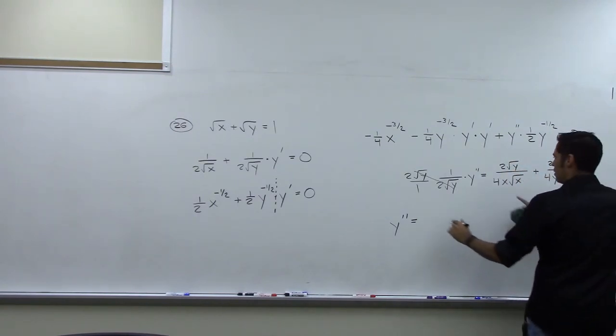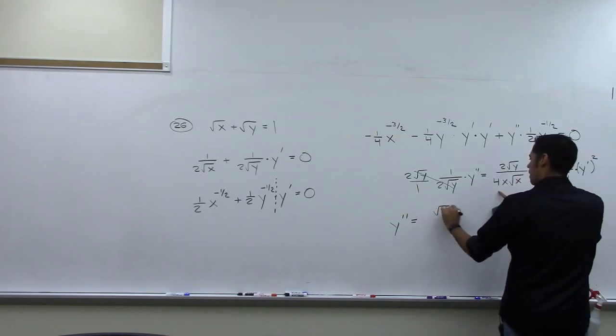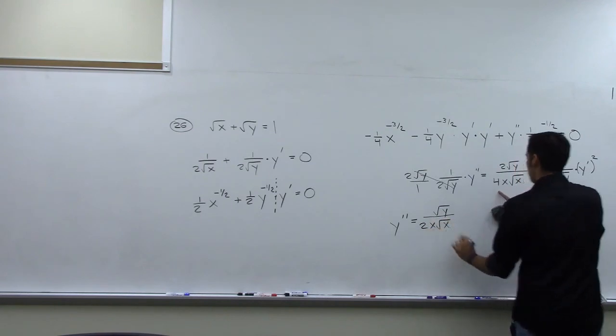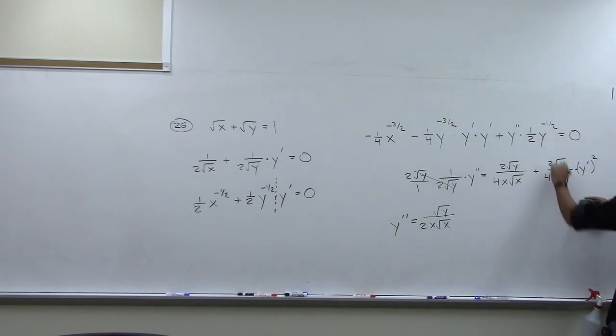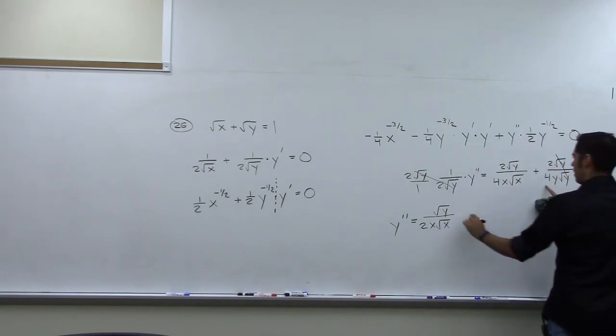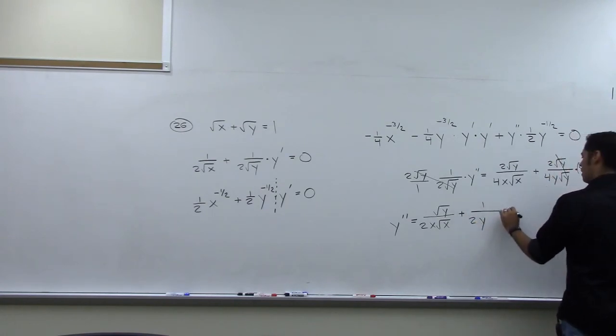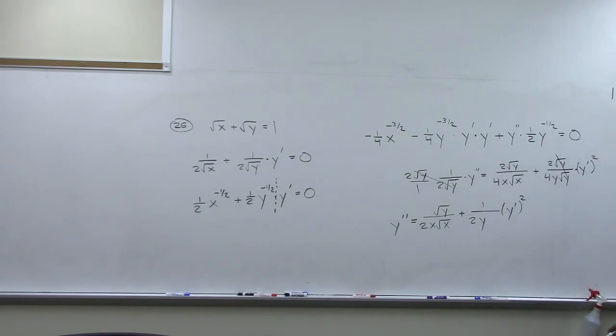And we will get, let's see, root y over 2x root x. That's what that simplifies to be. Here, the root y's cancel. I get plus 1 over 2y y prime squared. And I'm really hoping I can do something with this.